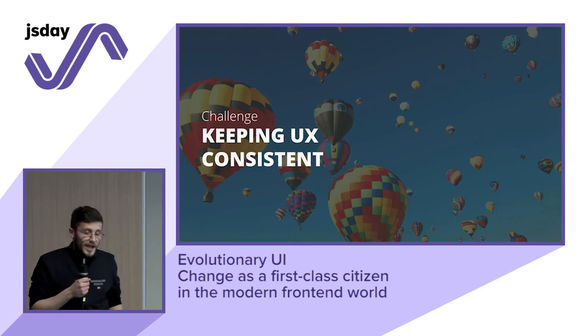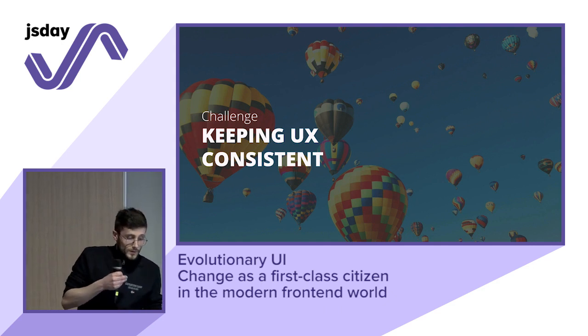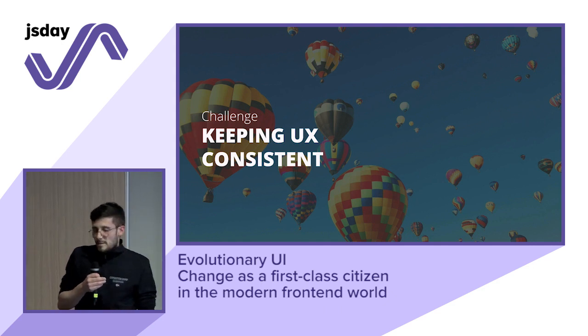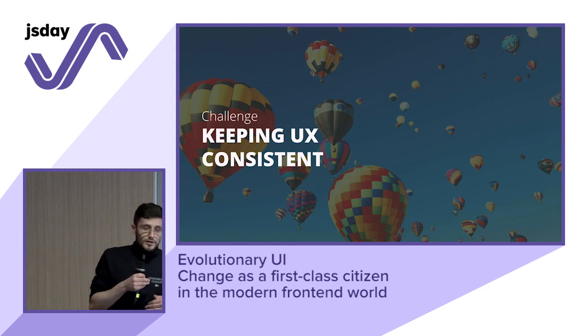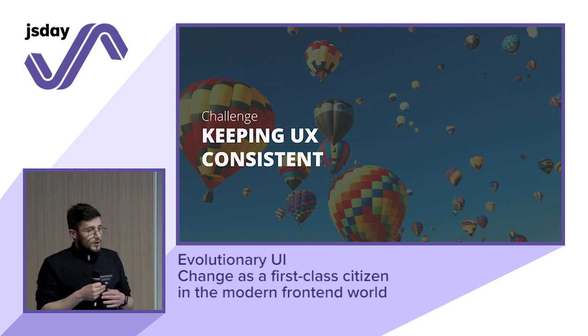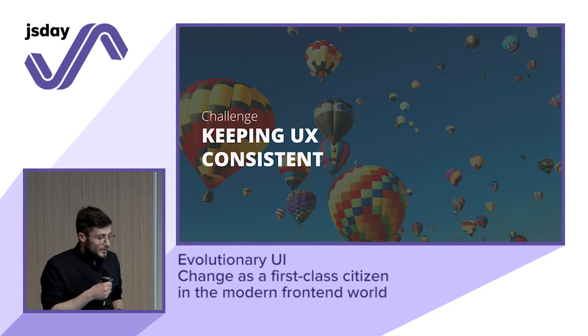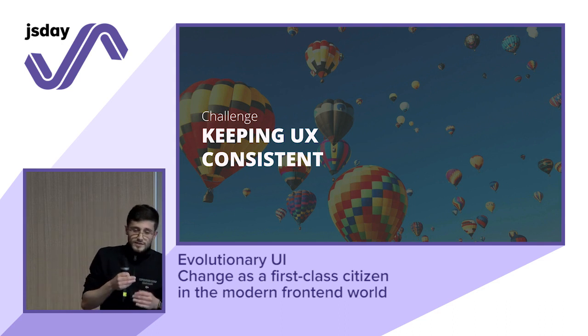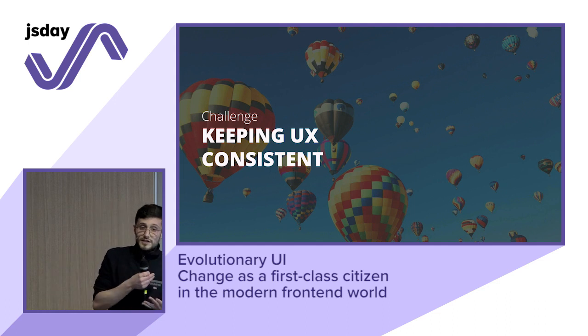Another challenge that we have in the front-end space is keeping UX consistent. So at some point, perhaps your system will become too big to be developed by a single team. So multiple teams will start to work on your system, and that's when you will start to see inconsistent user experience across your application.